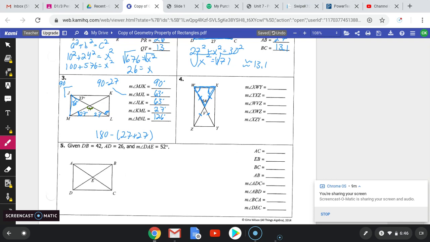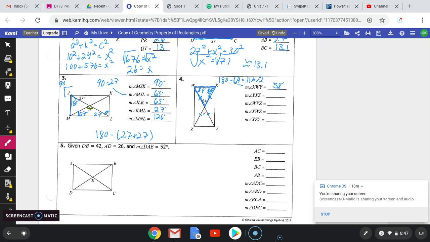So to figure out those angles, I would do 180 minus 64, which would give me 116, right? Yeah, 116. So that means the two angles that are the same have to add to 116. So then I divide that by 2, and I get 58 degrees. So 58 degrees is right here and also right here.